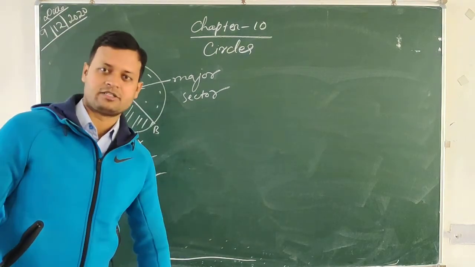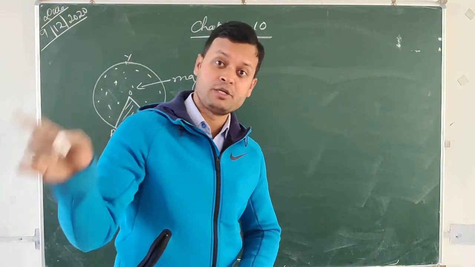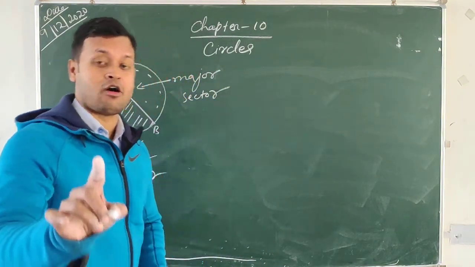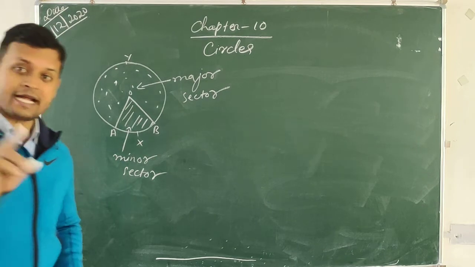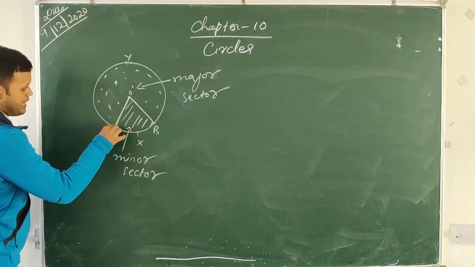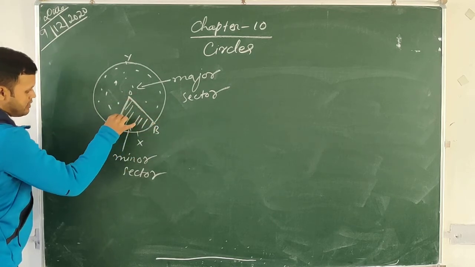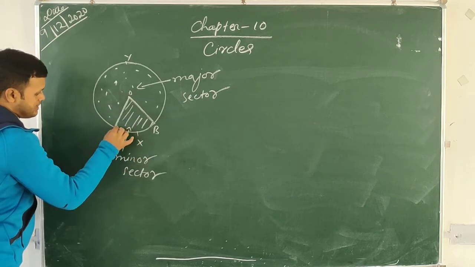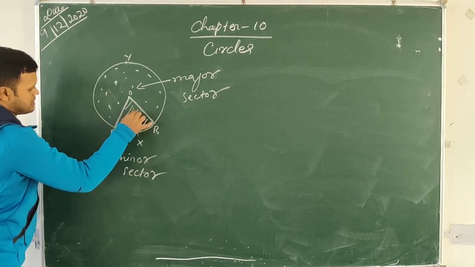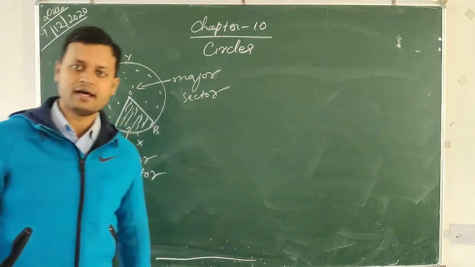So what is a sector then, students? The sector is the region enclosed between two radii and an arc of a circle. This is one radius, OA is the radius, OB is the radius, and between OA, OB and this arc AB, this region is there. This part will be called the sector of the circle.